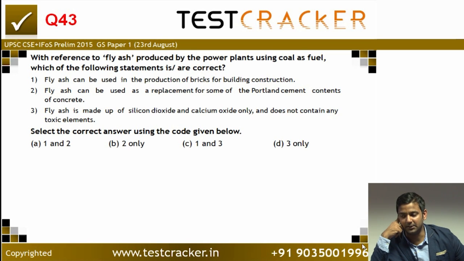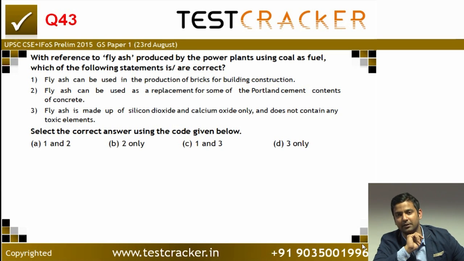Look at statement 3. Fly ash is made up of silicon dioxide and calcium oxide only, and does not contain any toxic elements. Don't you think it's extreme that there are only these two, and it also goes on to add does not contain any toxic elements? You can reject 3 by doing this.